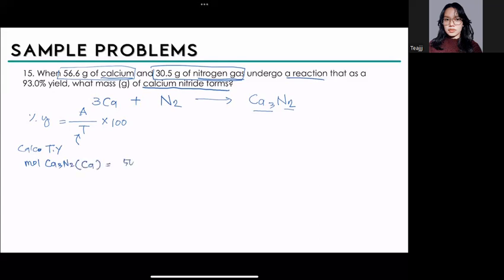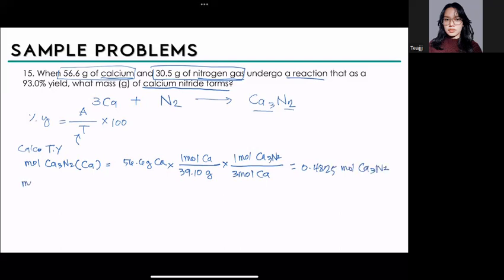So, that's 56.6 grams of calcium times 39.10 grams per 1 mole of calcium times, based on our reaction, kailangan natin ng 3 moles of calcium to produce 1 mole of calcium nitride. That will give you 0.4825 moles of calcium nitride.